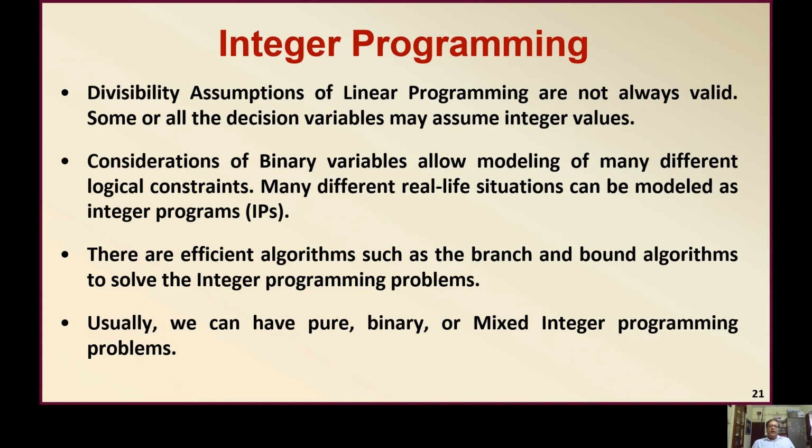So there could be pure integer programming problems, binary integer programming problems, and MIP or mixed integer programming problems, right? All these different problems can be solved by different techniques, and one such very important technique is the branch and bound algorithm. So this branch and bound algorithm will be discussed while discussing integer programming.